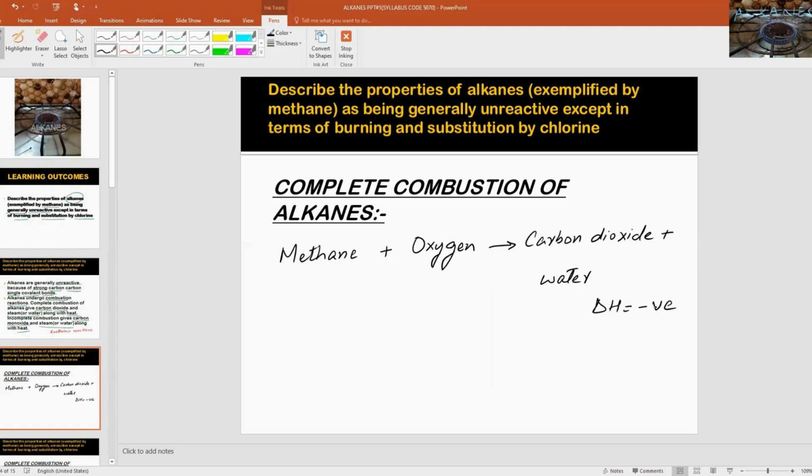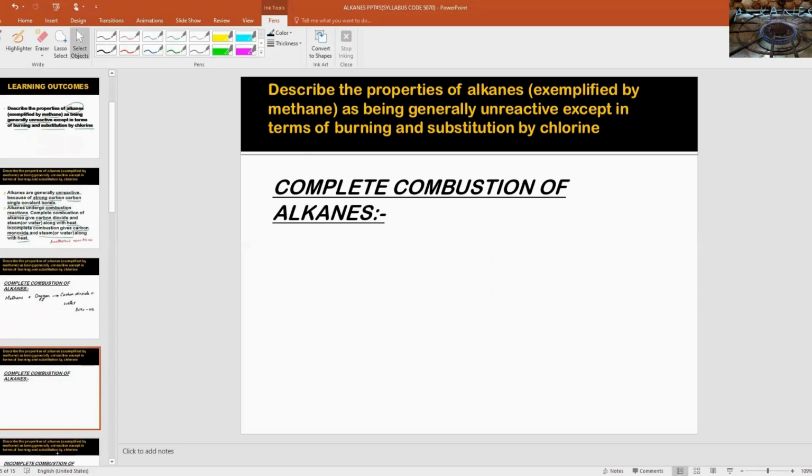Let's write the symbol equation for this reaction. Methane is CH4 plus O2 gives CO2 plus H2O. Delta H is negative. Let's balance this equation.